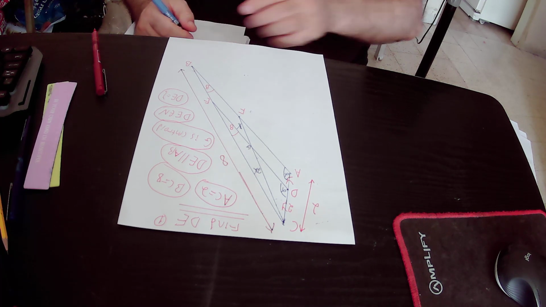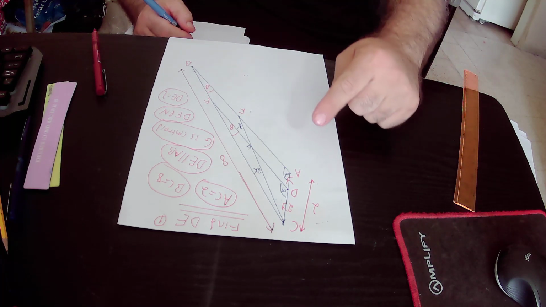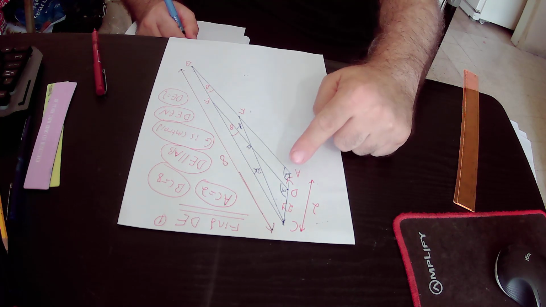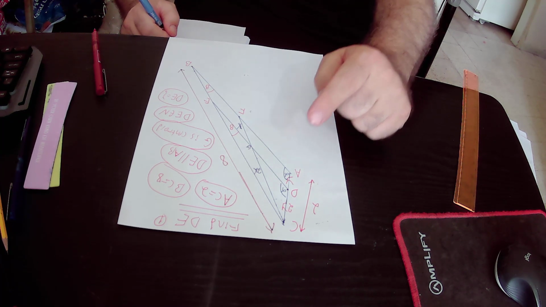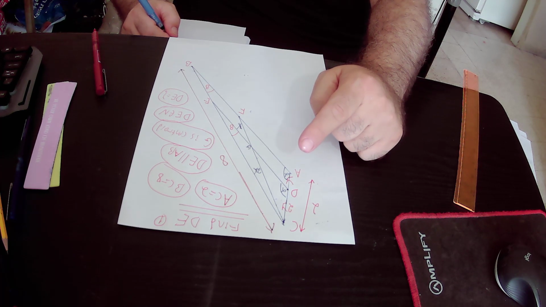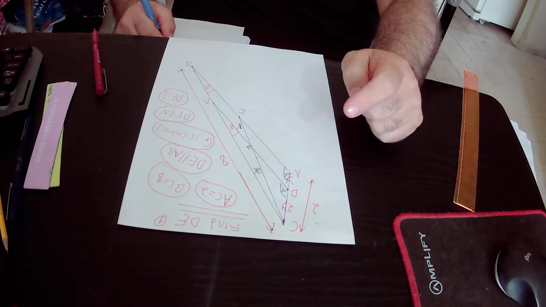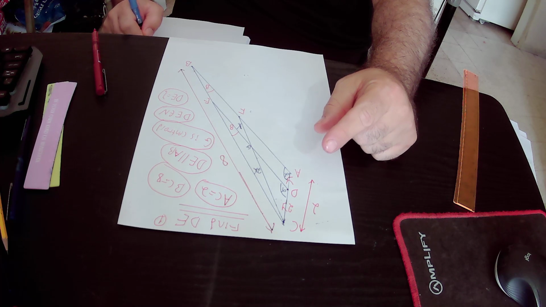In those two triangles, we know that angle BAC, this angle, is equal to angle EDC, this angle, and both those two angles are equal to alpha.